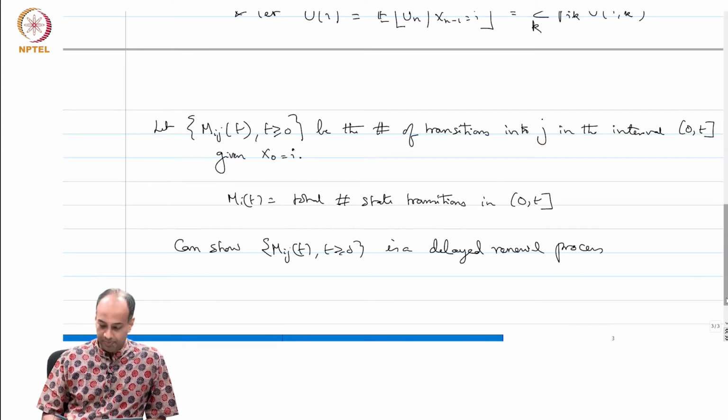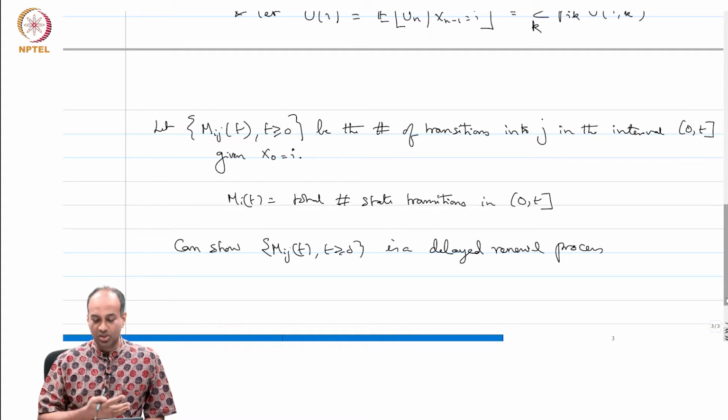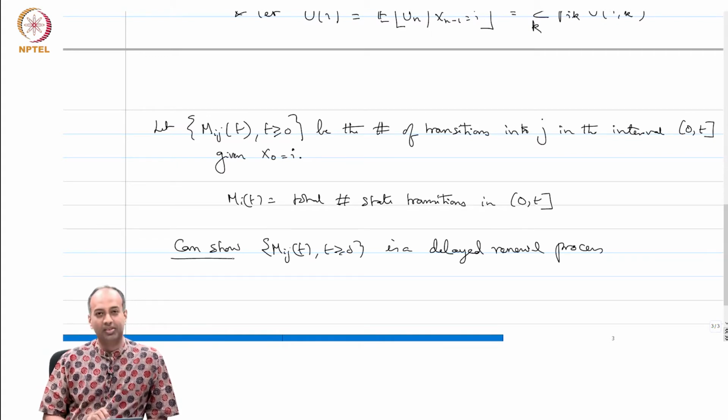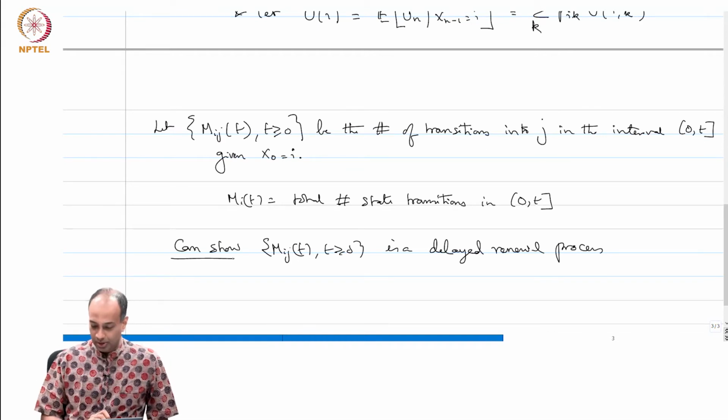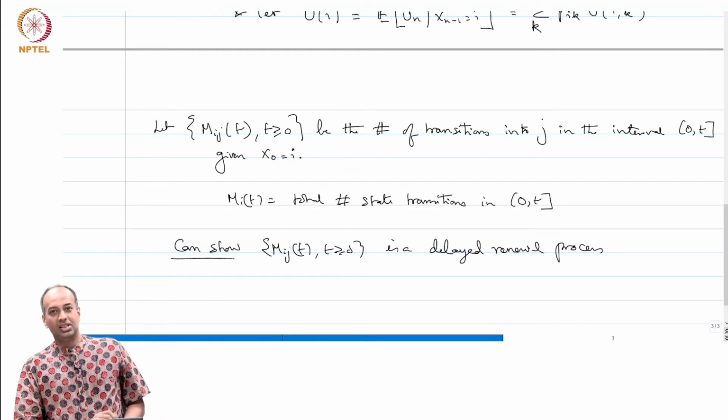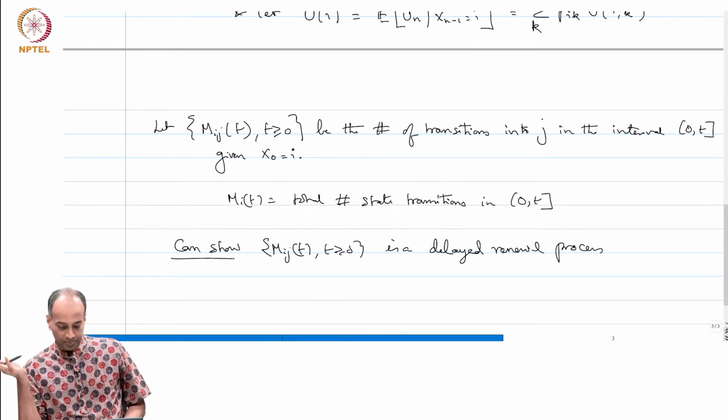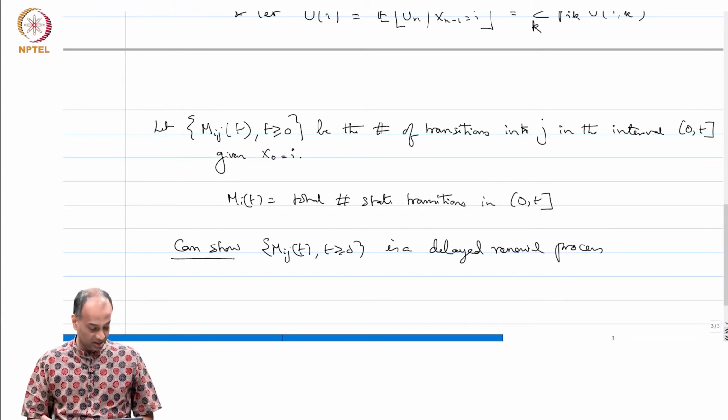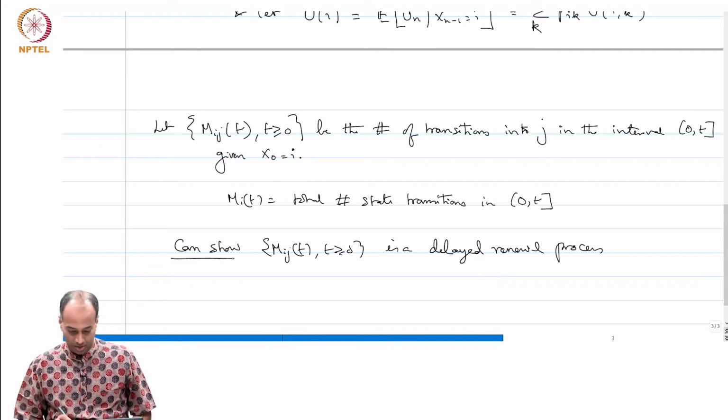That is because of the strong Markov property of the embedded Markov chain and the fact that the u random variables have a certain independence property as well. Using these two facts, this requires a proof, and I am not getting into it in great detail. First, you have to show that these successive transitions happen in finite time with probability 1. They are essentially similar to what we did for CTMCs. So, you can show that M ij of t is a delayed renewal process, using the definition of the semi-Markov process.